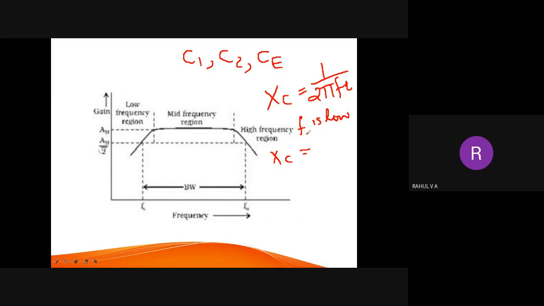Reactance is something like a resistance of the capacitor. So tell me, when the frequency is low, what will happen to reactance? Will it increase or decrease?